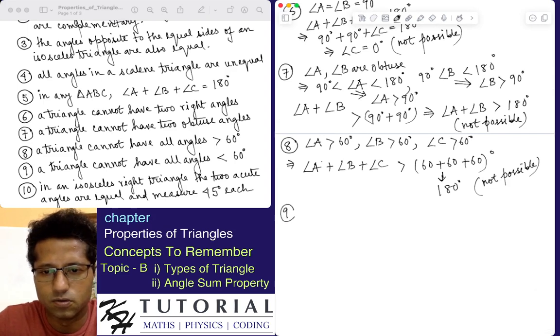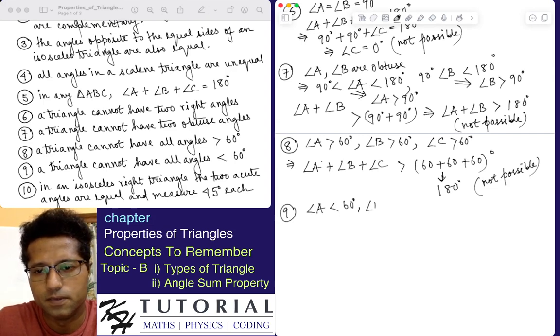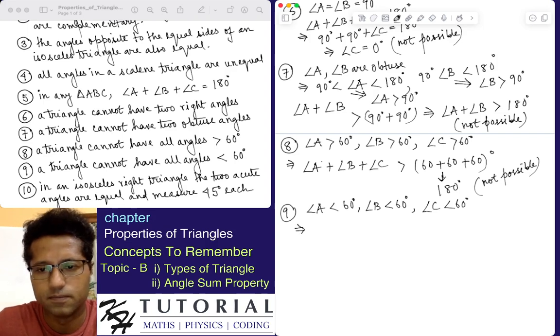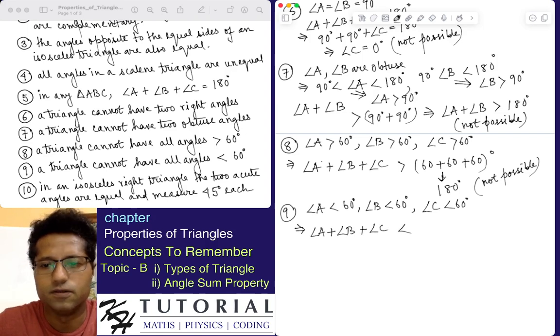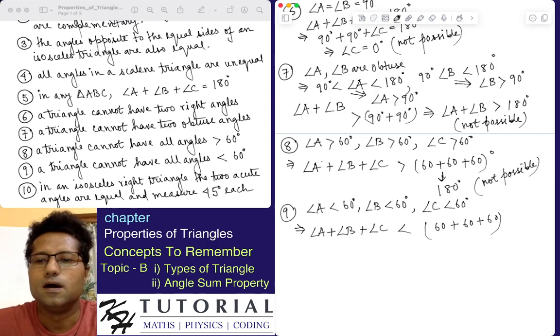Similarly, the same logic holds if we have angle A less than 60 degrees, angle B also less than 60 degrees, and angle C also less than 60 degrees. This will imply that angle A plus angle B plus angle C will be less than 60 plus 60 plus 60, so this is 180.